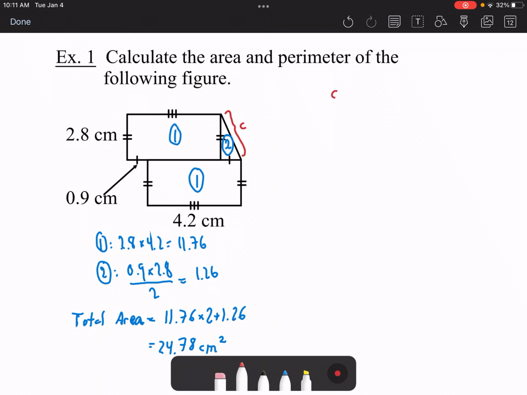So to figure out C, we can use Pythagorean theorem, to figure out the value of C. So my value of C is approximately 2.941.